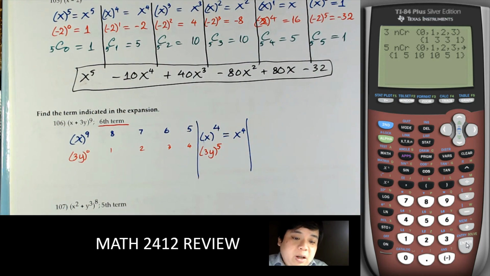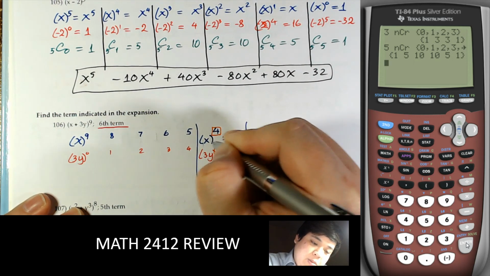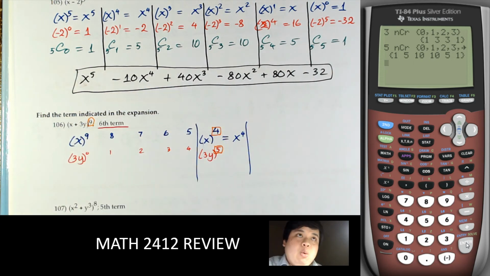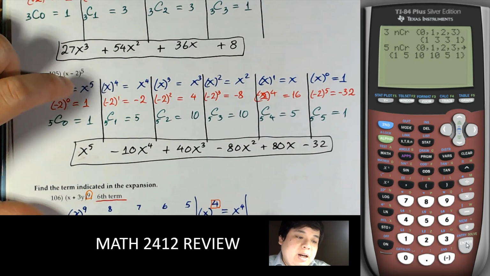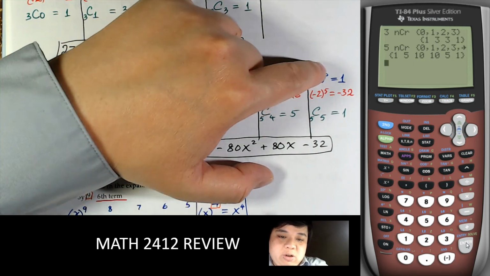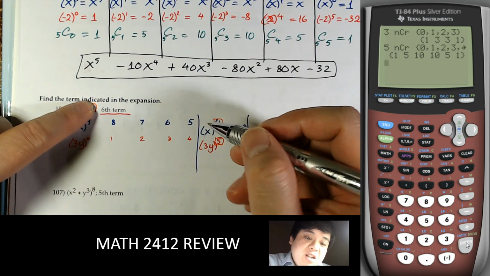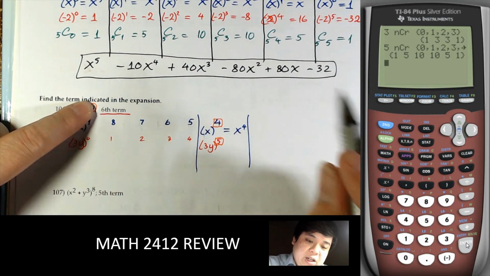Also, these numbers must add up to that, as always. Like 5 and 0, 4 and 1, 3 and 2, 2 and 3, 1 and 4, 0 and 5, all add up to 5. So this is 9, so they have to add up to 9.